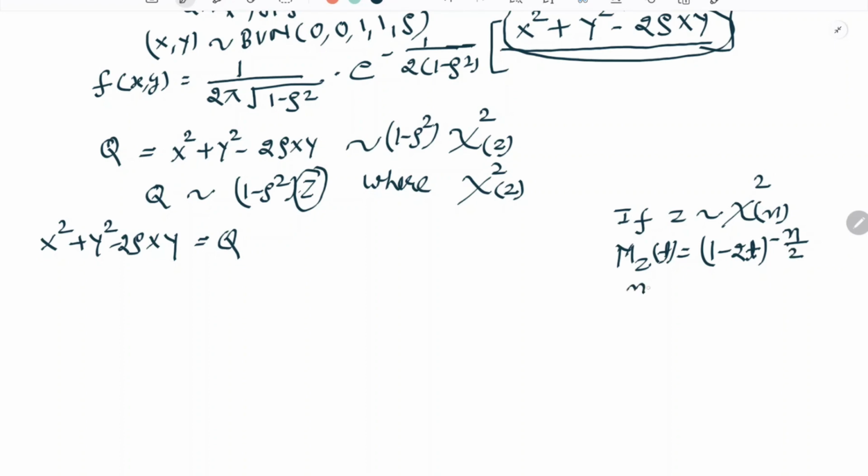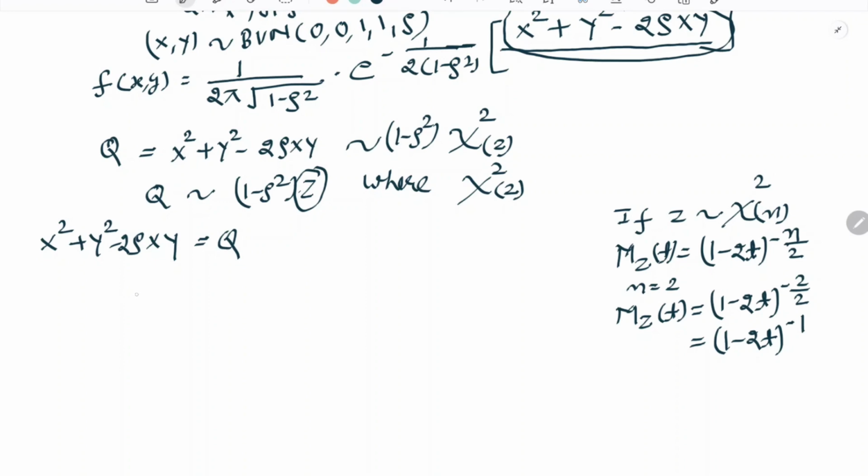So if n equals 2, then the moment generating function of Z is 1 minus 2t to the power minus 2 by 2, which equals 1 minus 2t to the power minus 1.